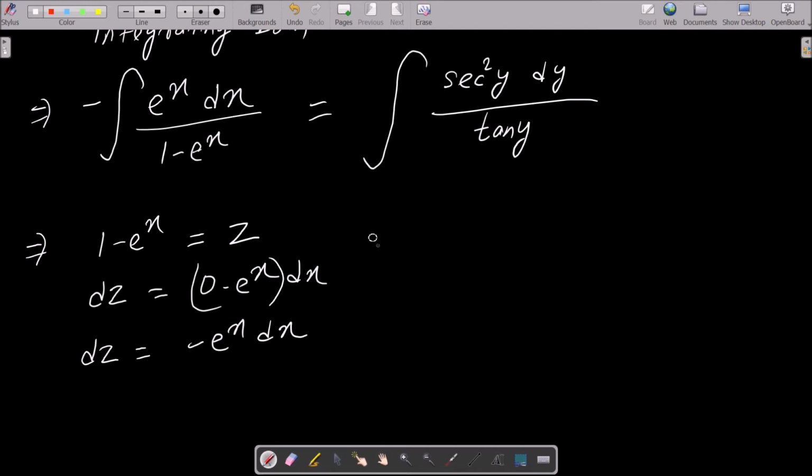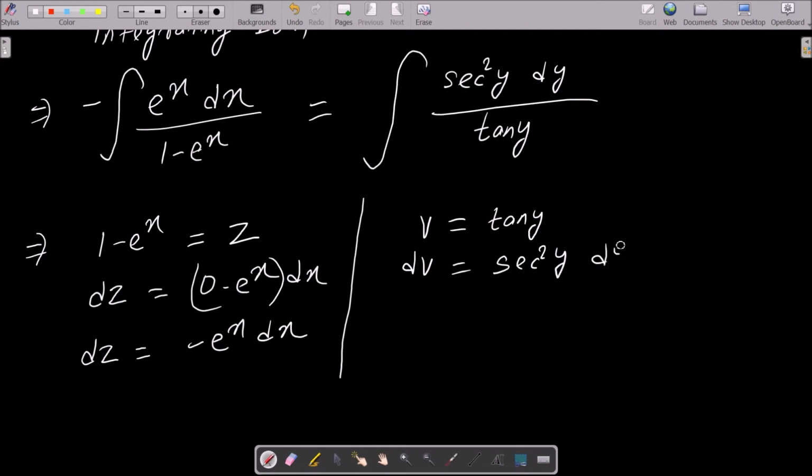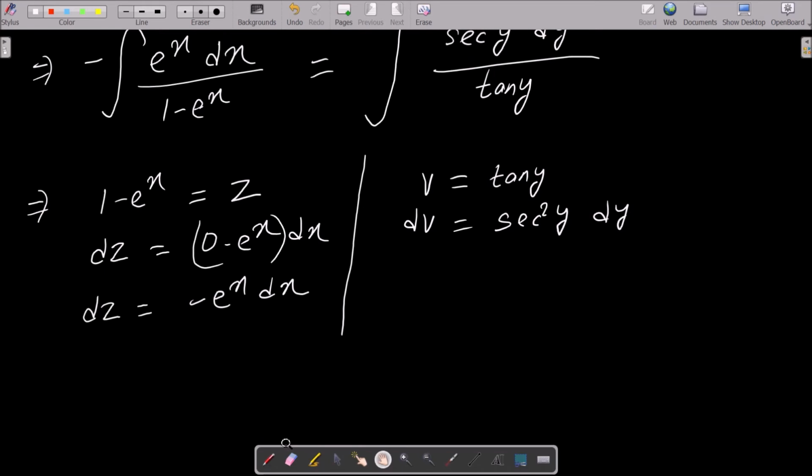And for this one, let's assume v equals tan y, then dv equals the differentiation of tan, that is sec² y dy. Now, minus e^x dx we can replace with dz, and 1 − e^x is equal to z.